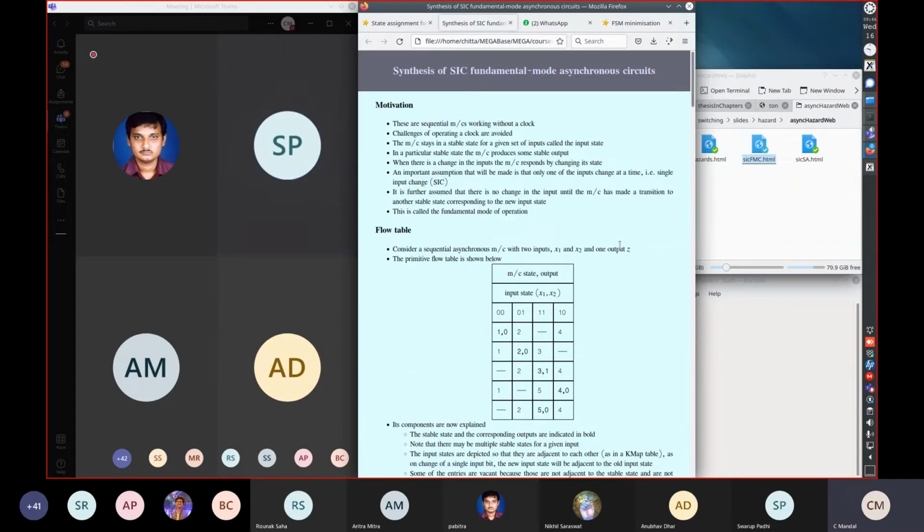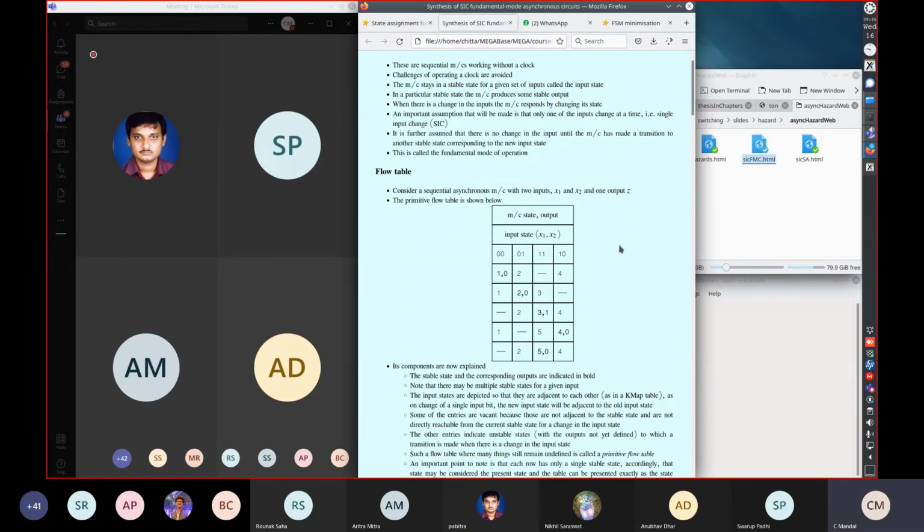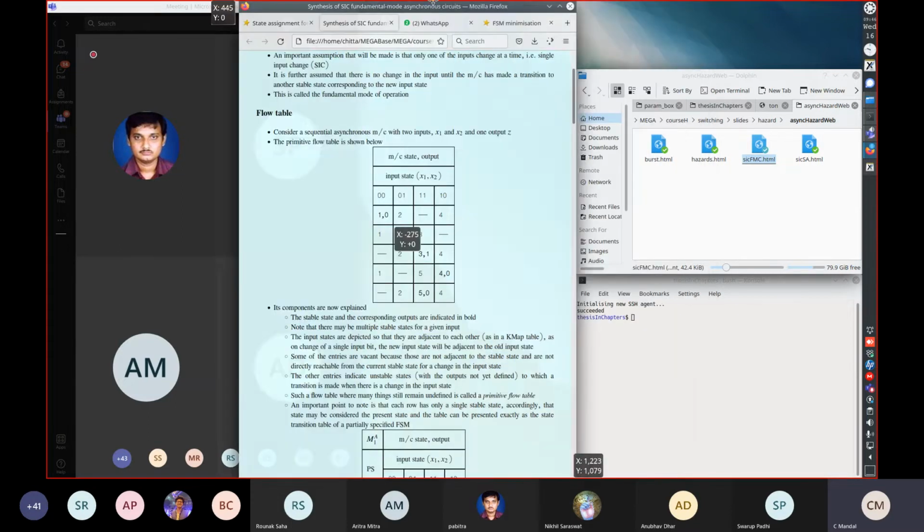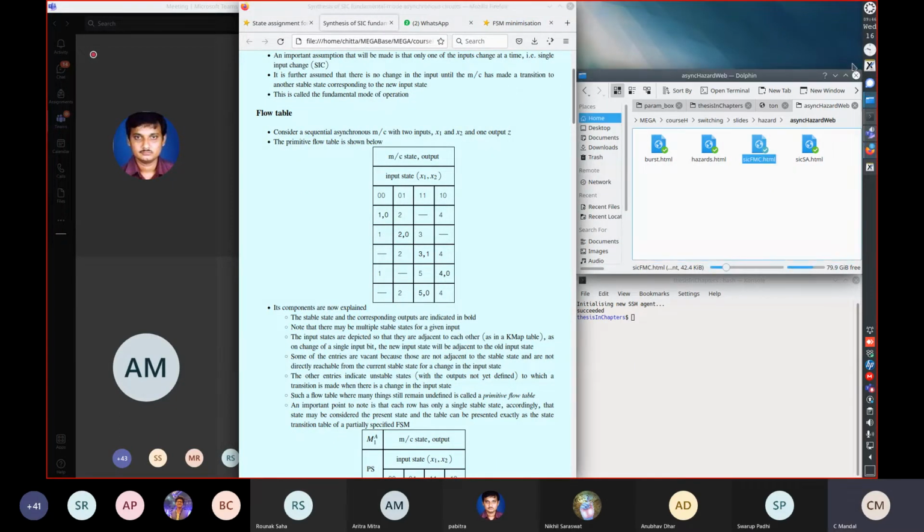First of all, let us just understand how a sequential system can work in the asynchronous mode. Here is what we call a flow table. Let us just understand this flow table.